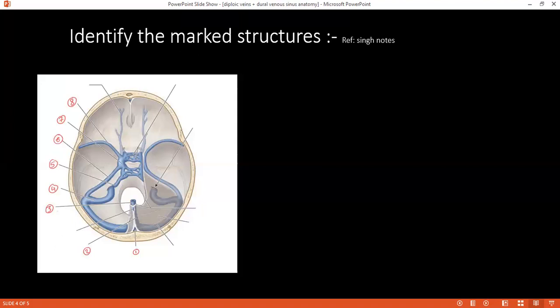Right. Okay. Can you tell me how the flow of CSF is formed? CSF is formed from the choroid plexus, which are located in the lateral ventricles. From there, through the interventricular foramen of Monro, it reaches the third ventricle.